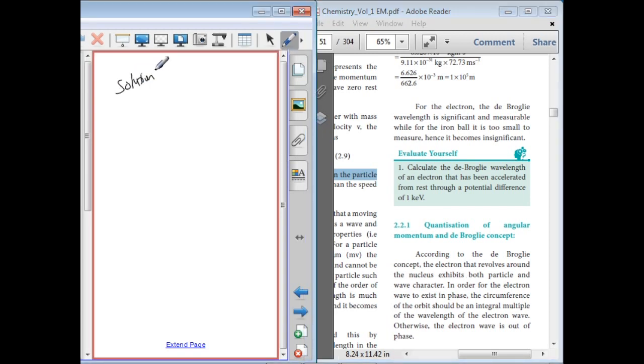So solution. What are the given? Only the potential difference is given, equal to 1 kilo electron volt. Kilo means 1000.